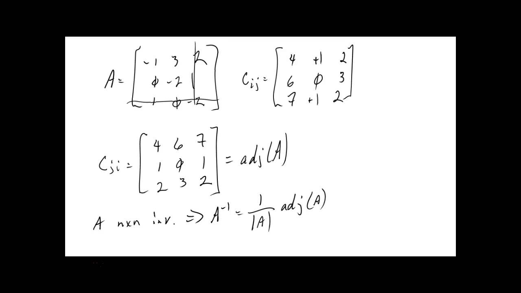All right. So we're going to start this, since I've lost both of the students who were here. We're going to start with example 2. Now, before I erase anything, it says use the adjoint of A to find A inverse when A is -1, 3, 2, 0, -2, 1, 1, 0, -2.